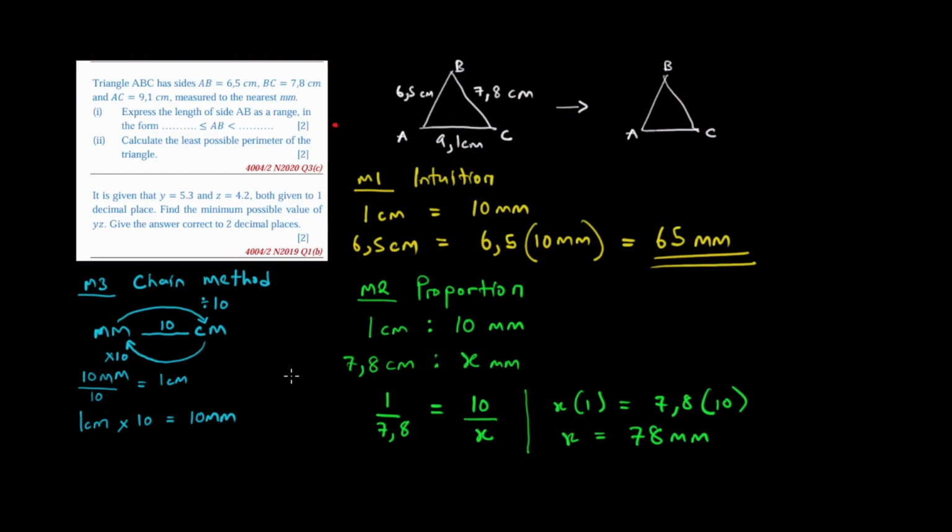So millimeter is a lower unit because we need more millimeters just to have 1 centimeter. Like in money, a cent is a lower unit because we need 100 cents to make $1. So a dollar becomes the higher unit, the larger unit.